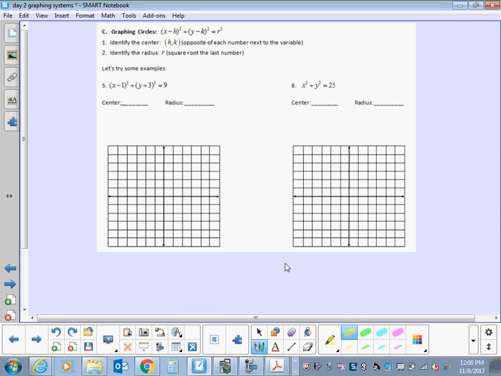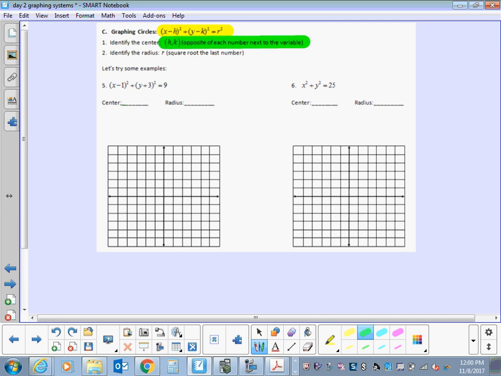I like graphing circles. I think it's easy. Here's our formula. Whenever you see an x squared and a y squared and an r squared, or a number at the end, that tells you that it's a circle. Your first step is to identify the center, which is opposite of the numbers after x and y.